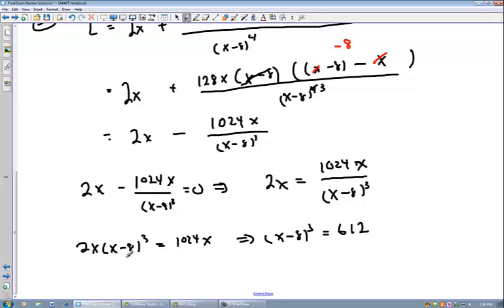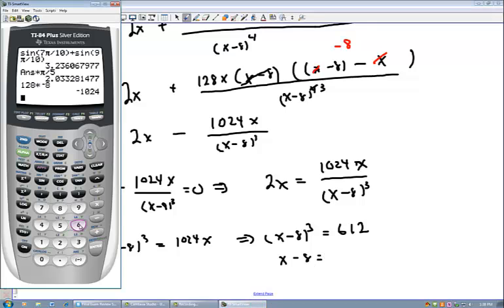So I divide both sides by 2x, so the x's will cancel, and 1,024 divided by 2 is 612. And then to get rid of the cube, you take the cube root of both sides, so x minus 8 is equal to, and hopefully, if I did this right, the cube root is raised to the 1 divided by 3. That's the cube root. I should get back a nice number, and I don't.